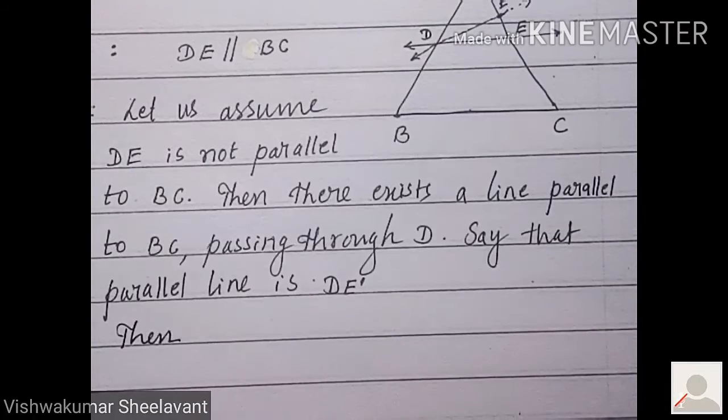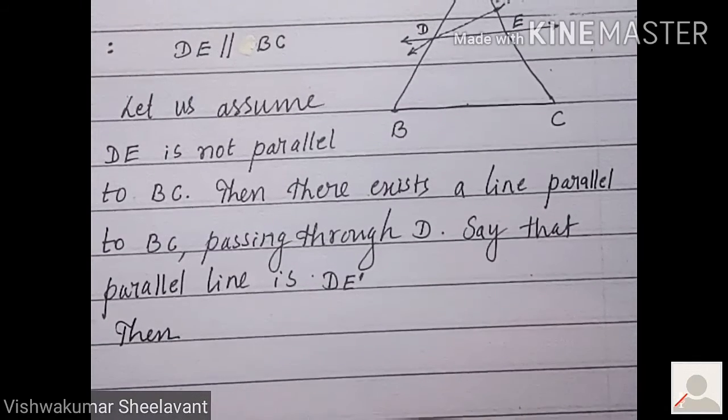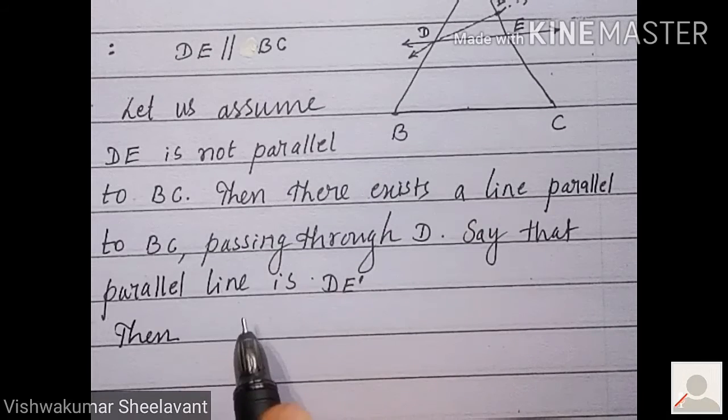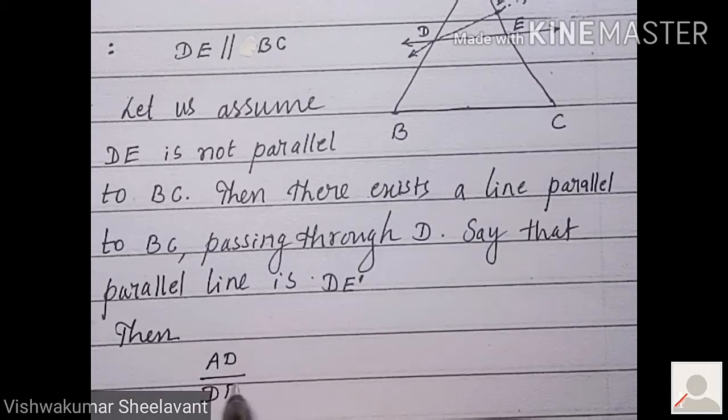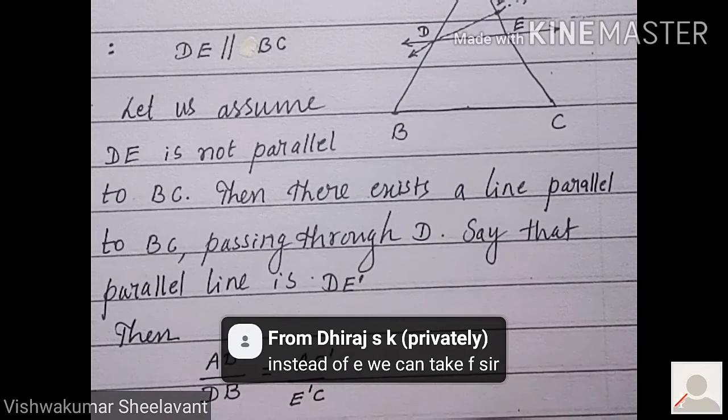Then can I write AD by DB equal to AE dash by E dash C?